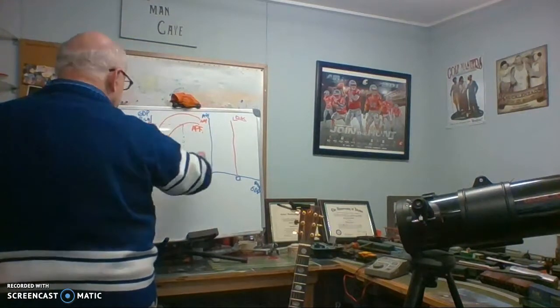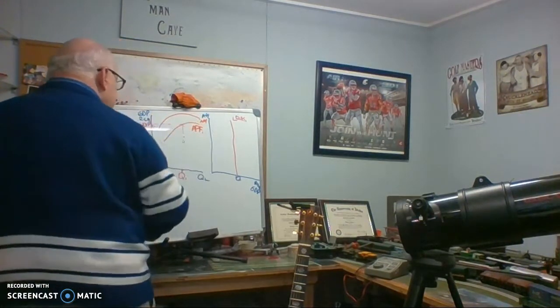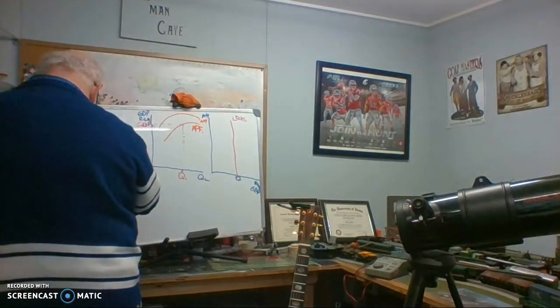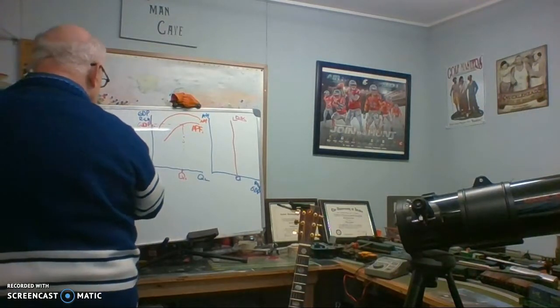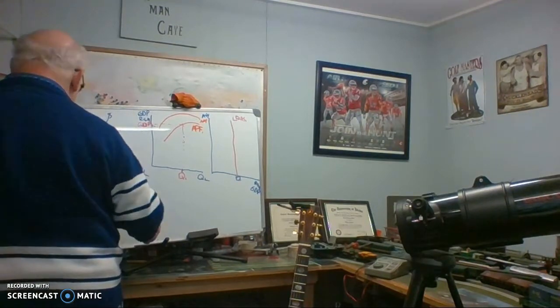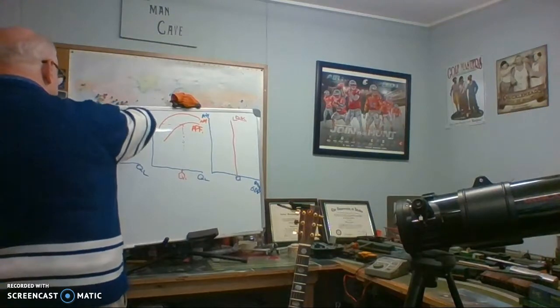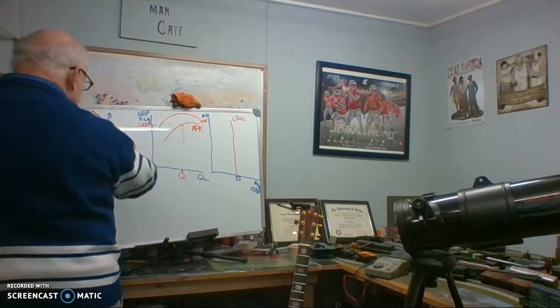Now, with that increased productivity, the demand for workers is going to increase. So that means that at every wage, firms will hire more workers. And so the demand curve for labor will shift out like that.